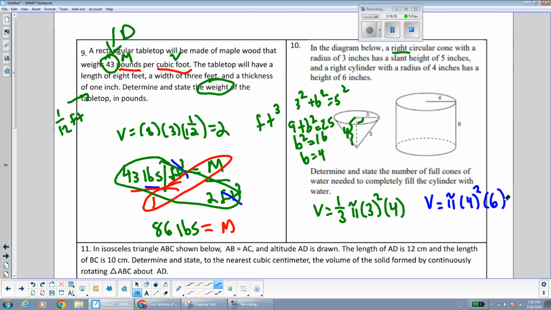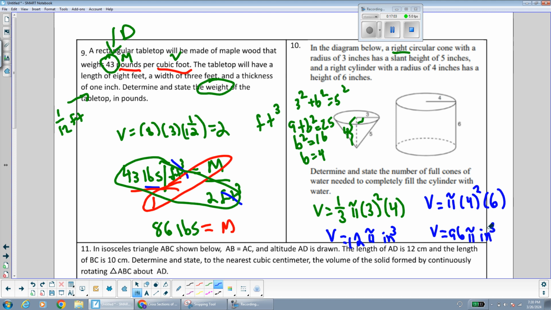So 1/3 times 3 squared times 4, and that's 12. So this volume here is 12. Oh, I forgot the pi. 12 pi inches cubed. And this volume here is 16 times 6. So this volume here is 96 pi inches cubed.